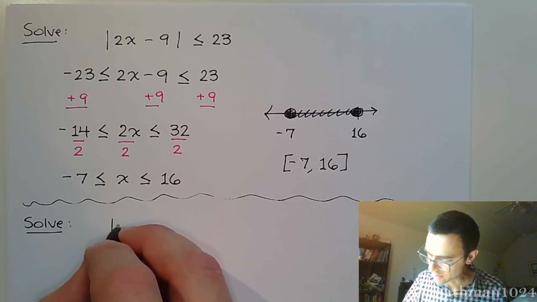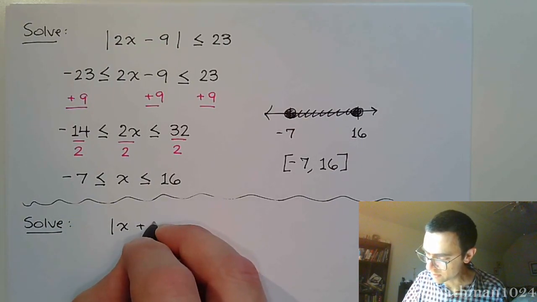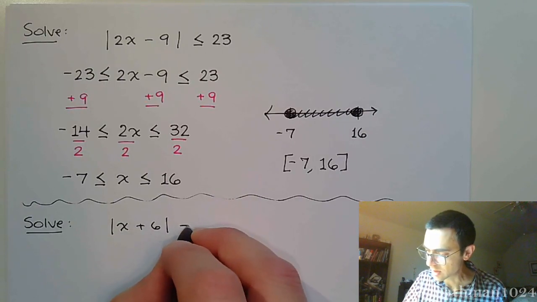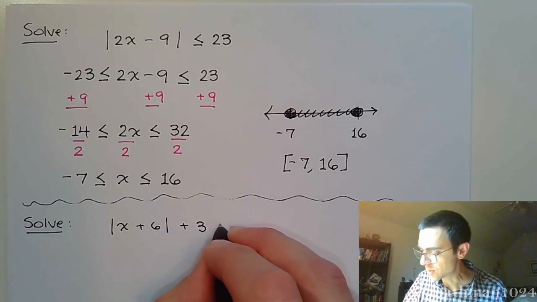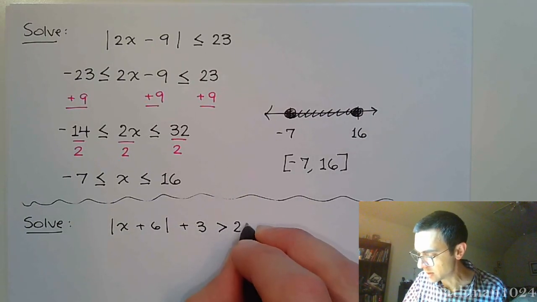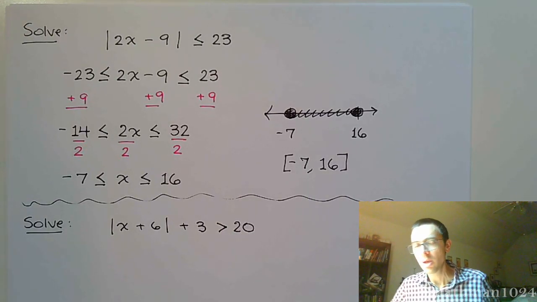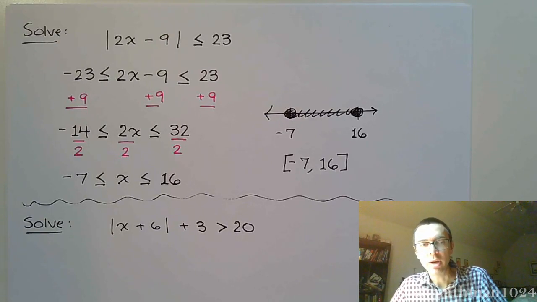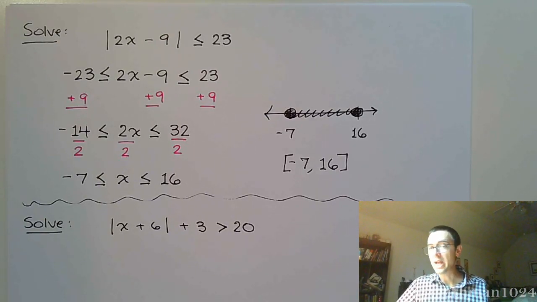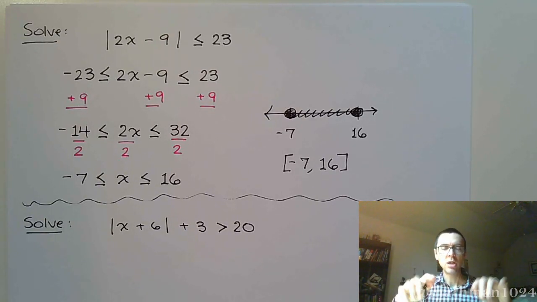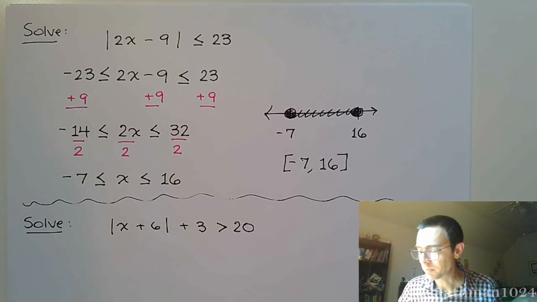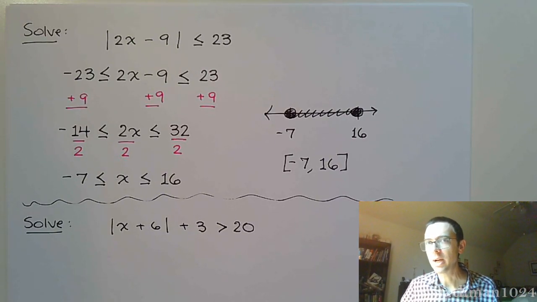So now when I write this, if I say the absolute value of x plus 6, plus 3, is greater than 20. Before we can really make a determination about what kind of inequality we have, if it's stay close by or social distancing, we need to get the absolute value by itself.